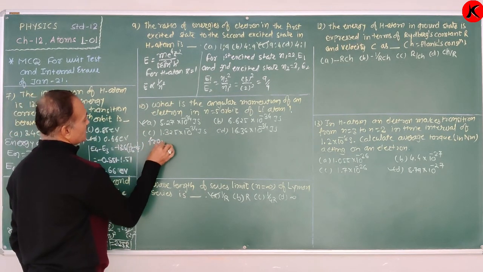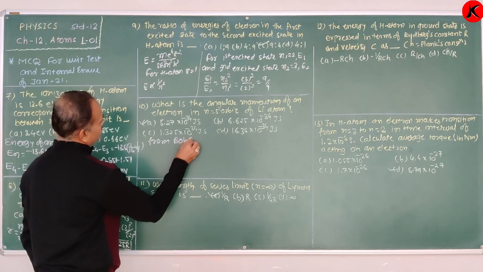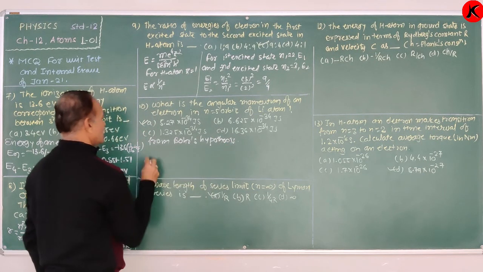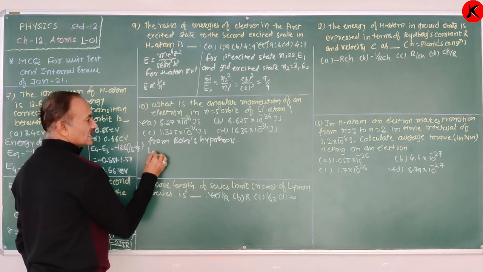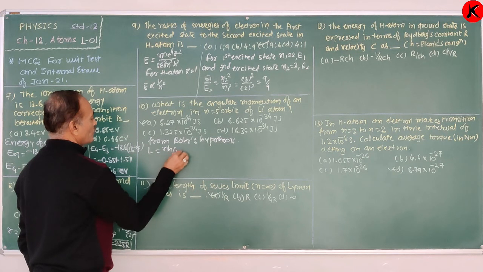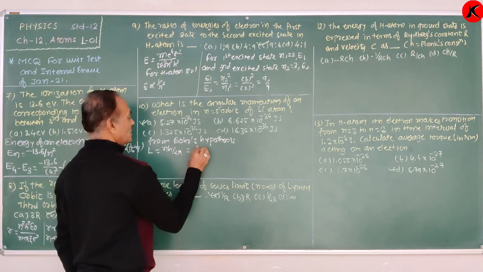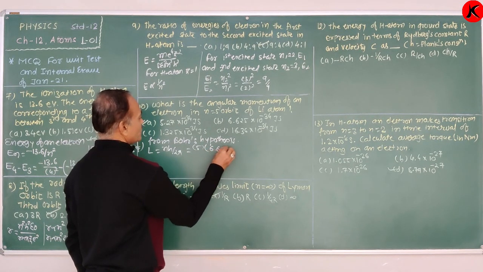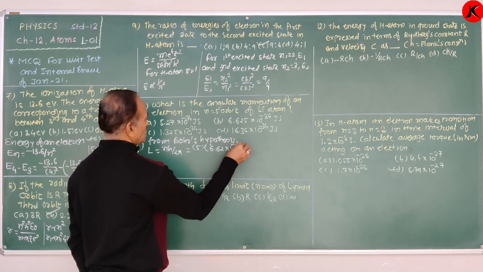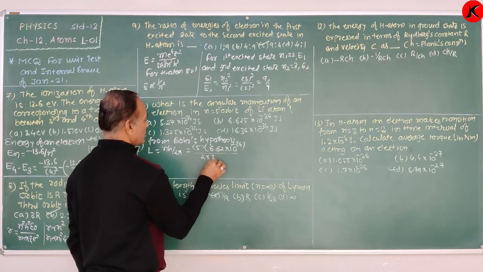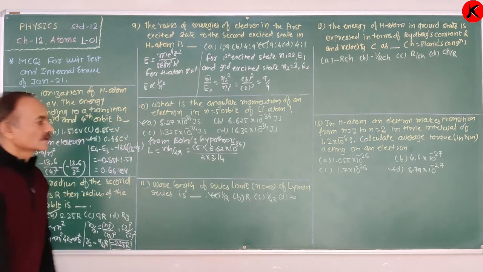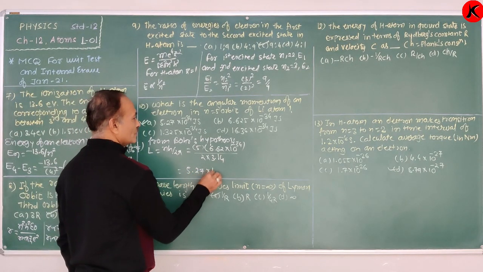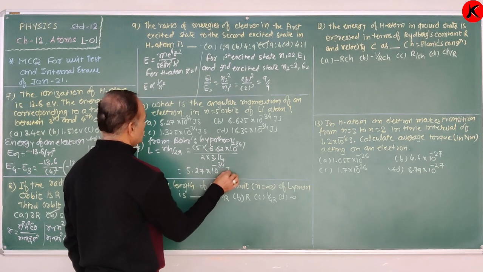From Bohr's hypothesis, we know that angular momentum L is equal to nh upon 2 pi. n is the number of orbit, h is Planck's constant 6.62 into 10 raised to minus 34, upon 2 pi, 2 into 3.14. So as we simplify it, we obtain the answer 5.27 into 10 raised to minus 34 joule second.